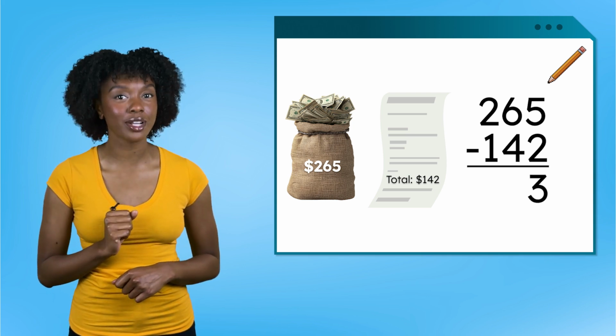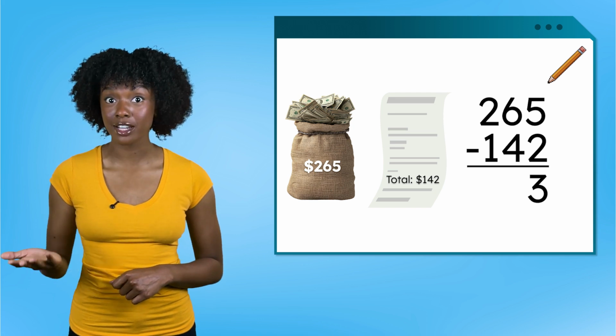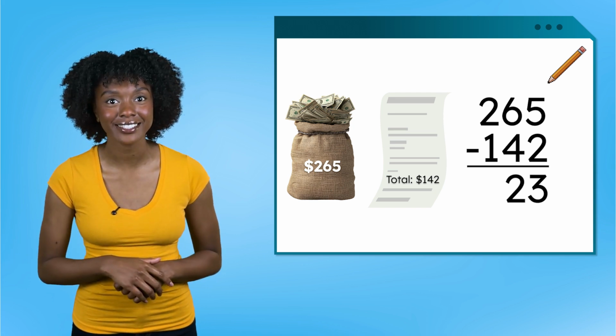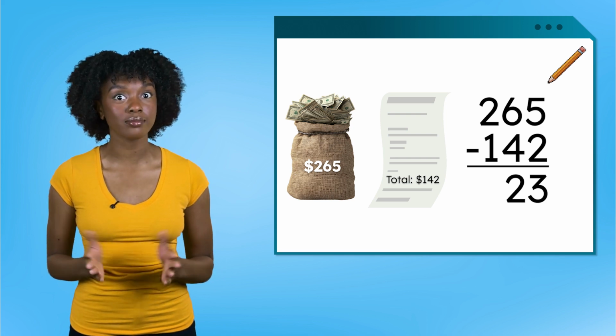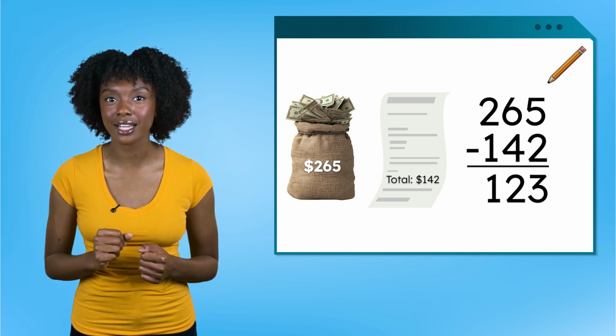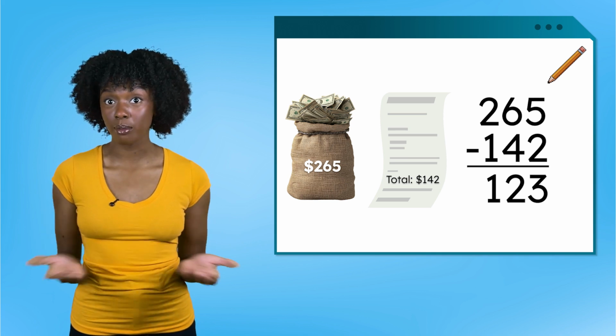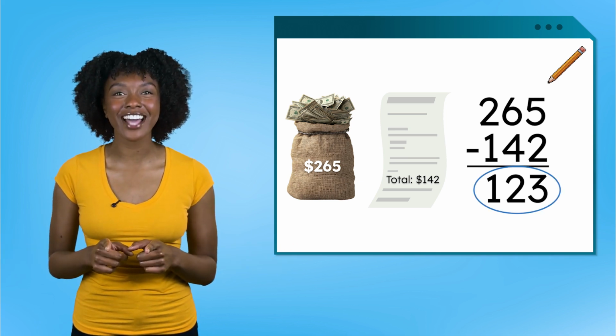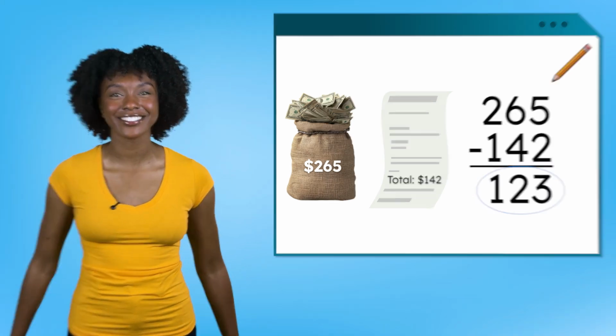We'll put that in the ones place. 6 minus 4 is 2. That goes in the tens place. And 2 minus 1 is 1. We can carry down the 1 to the hundreds place. So, how much money do you have left? $123 is the difference. We're doing great.